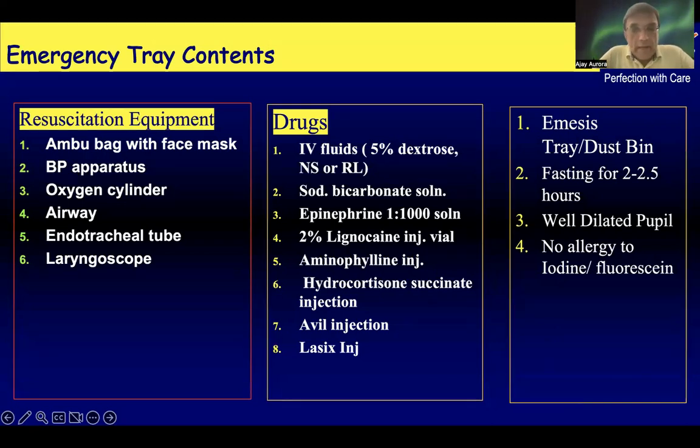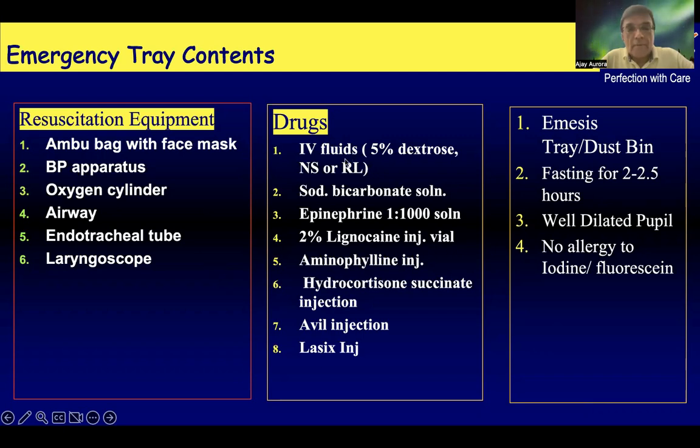Let's look at how to be prepared for any eventualities when a procedure like fundus fluorescein angiography is done. We must have an Ambu bag with a face mask, PP apparatus, oxygen cylinder, airway, endotracheal tube, laryngoscope.